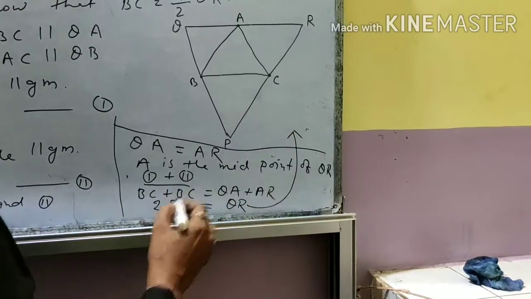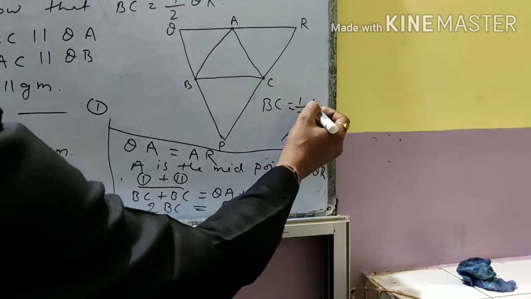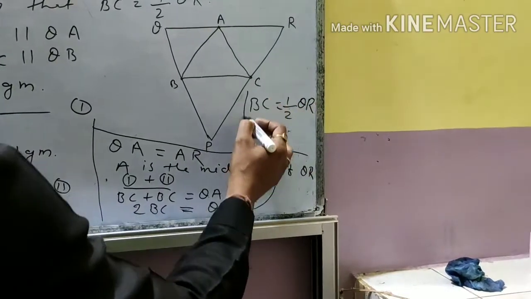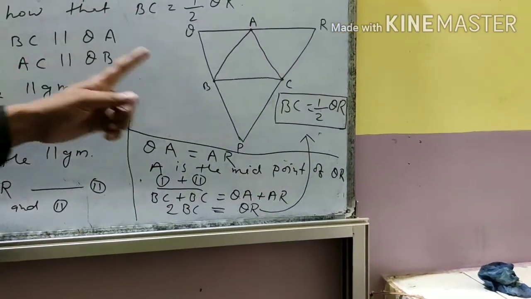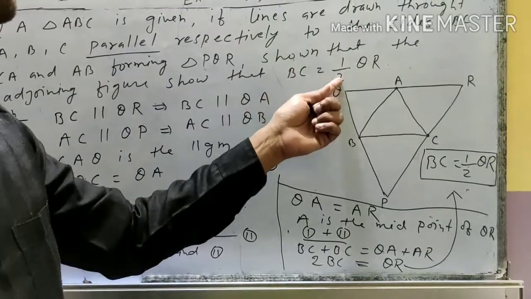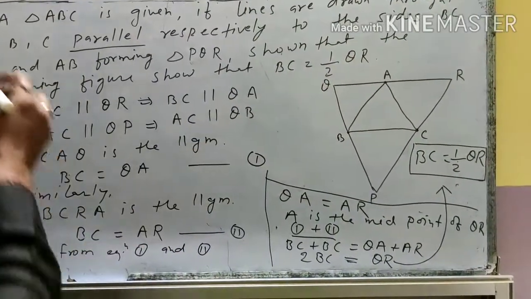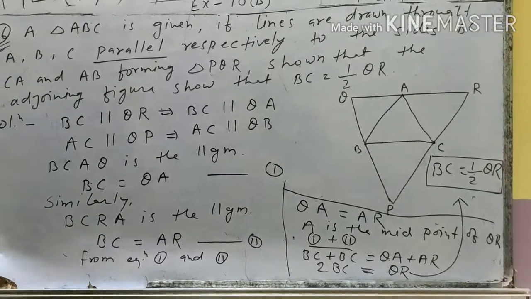So here, student, BC is equal to 1 by 2 QR. This is your proof. This is question number 6 complete. Okay, student. I hope you will understand this question.